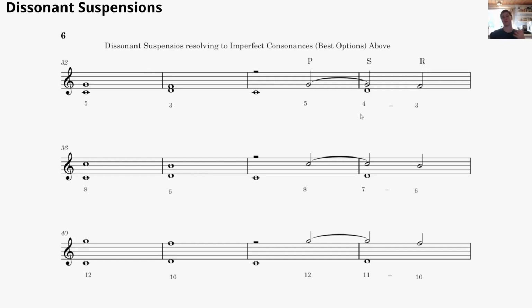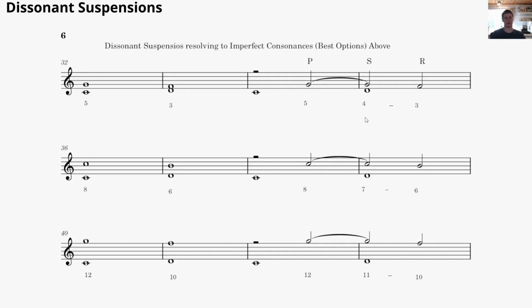The most common types of dissonant suspensions that we're going to be using are the 4-3, the 7-6, and the 11-10 suspensions. These suspensions are the best for composing above a given melody because they're resolving to imperfect consonant intervals.